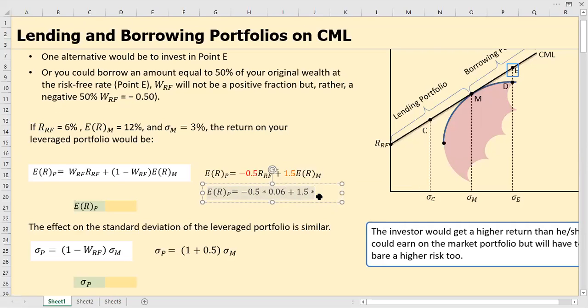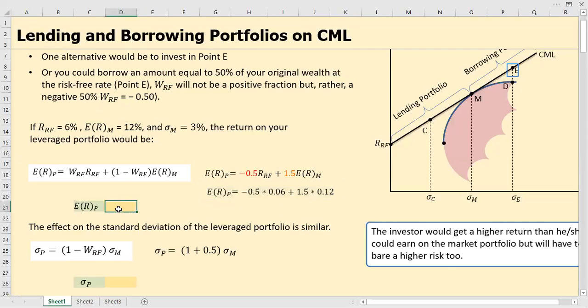That means 1.5 multiplied by the expected return of the market, which is also given. See, the expected return of the market is 12%, so I am going to set 0.12. So this is how you calculate the expected return of the portfolio, the combination of the risk-free asset and the risky asset.